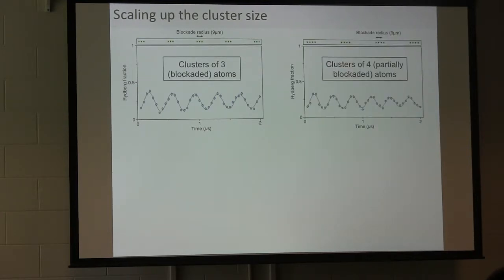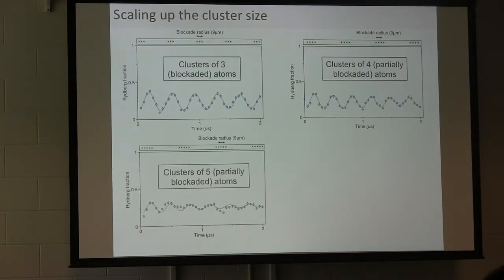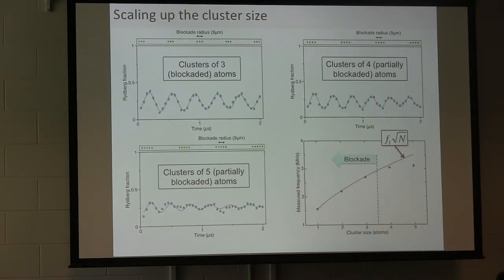So this is what we get for 3 atoms, 4 atoms, 5 atoms, and as we increase the system size, it gets more and more difficult to fit an exponentially decaying sine function to this data. And if you still do it, this is what you get. Actually, up to a distance which is equal to the blockade radius, the experimental frequencies nicely fit to what you would expect.